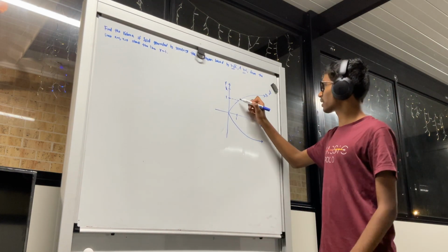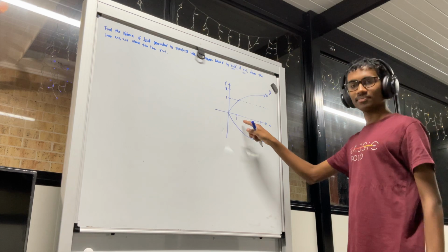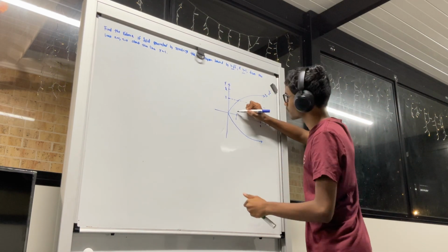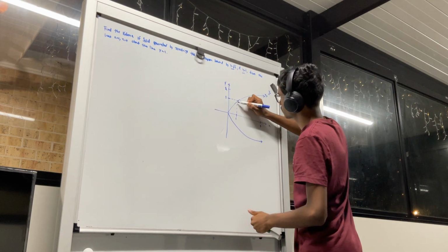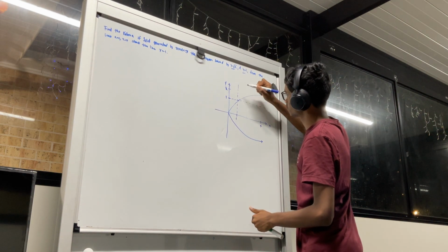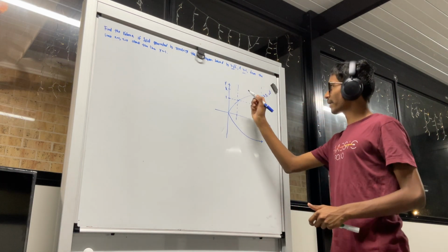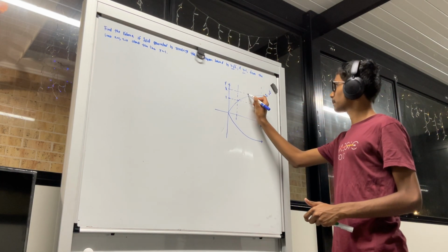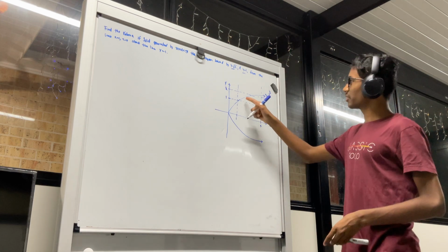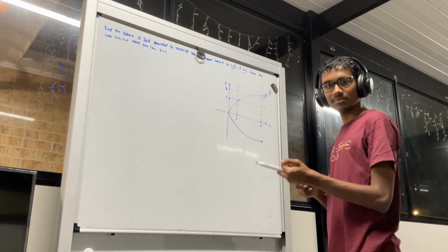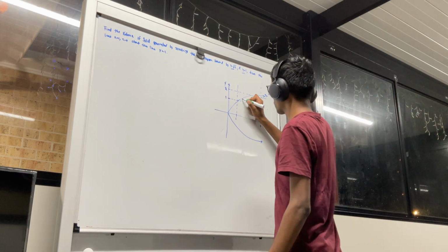Okay? Now, they want the area between these two curves, like straight up, and the line y equals 2. Right? They want this region here. That's what they want. Let me use a different color to highlight the region they want.